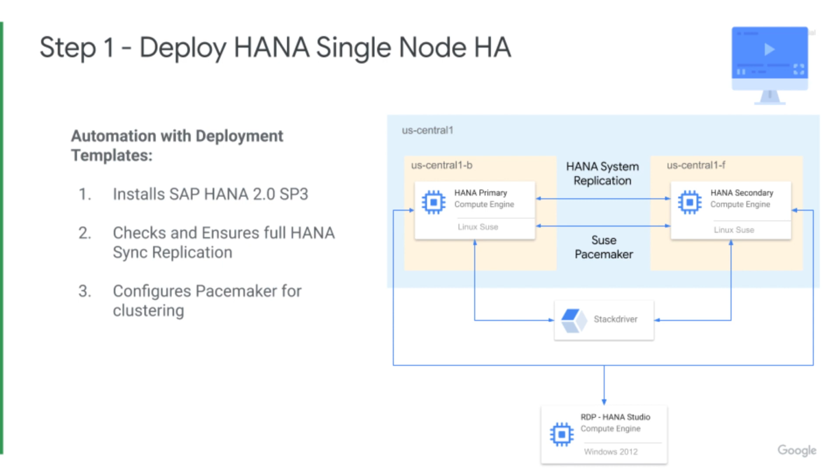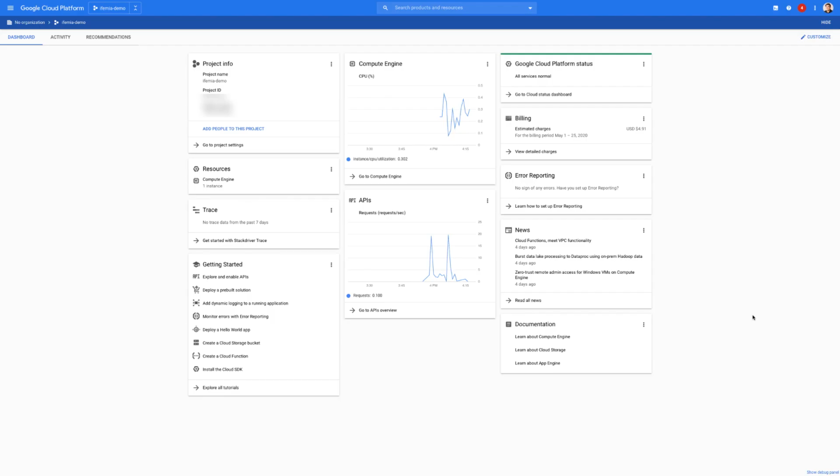And what we also have is a Windows instance, a jump server that we will use to interact with our machine with HANA Studio. So let's get started. Let me go into my Google Cloud Platform. This is how the homepage of Google Cloud Platform looks, with all the details that I need to know for a quick overview.